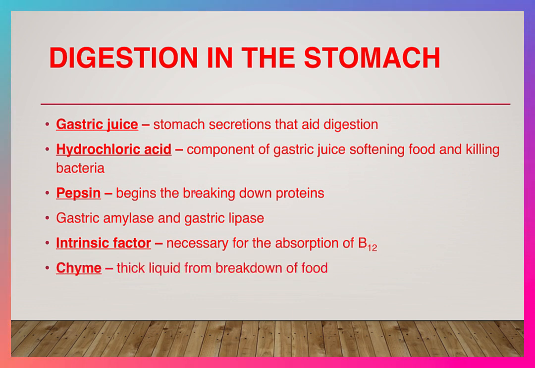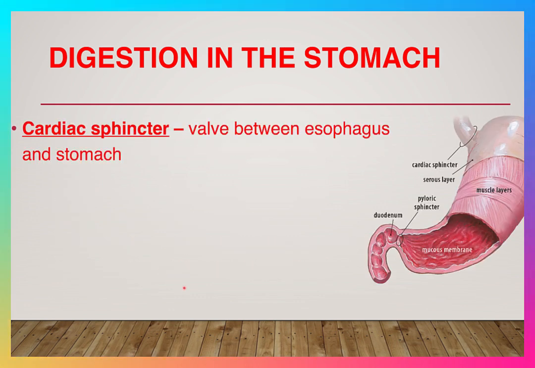Once the food has been worked on for a period of time, it becomes a thick liquid called chyme, and this chyme is transferred into the small intestine across the pyloric sphincter. Now the cardiac sphincter is up here. The cardiac sphincter is the valve between the esophagus and the stomach and prevents the reflux of stomach contents into the esophagus.